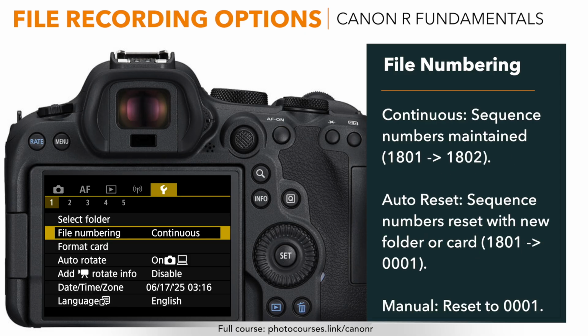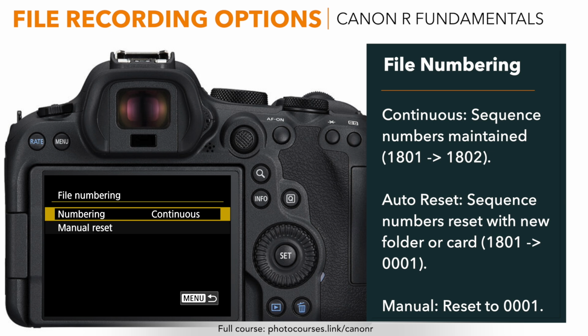You'll see another option in the Setup menu called File Numbering. And this is where you can set whether or not the photo sequence number will restart at 0001 or continue from the last number when a new folder or memory card is used. So in numbering, you have 2 options here, continuous or auto reset.